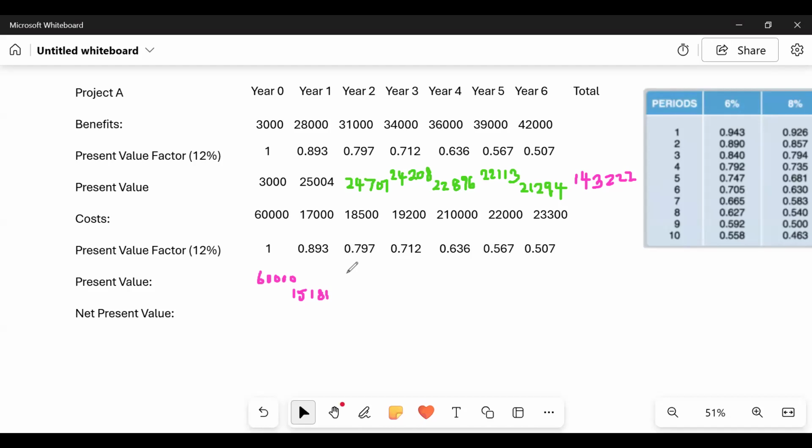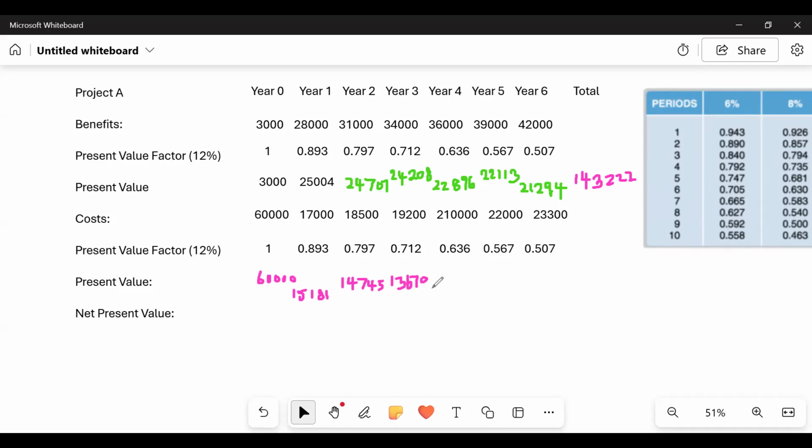Then 18,500 by 0.797 is 14,745. 19,200 multiplied by 0.712 is 13,670, right?